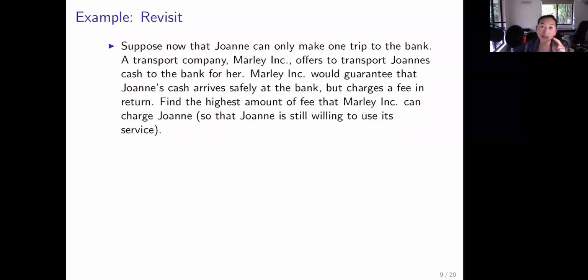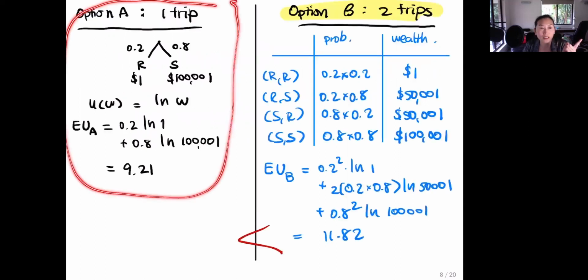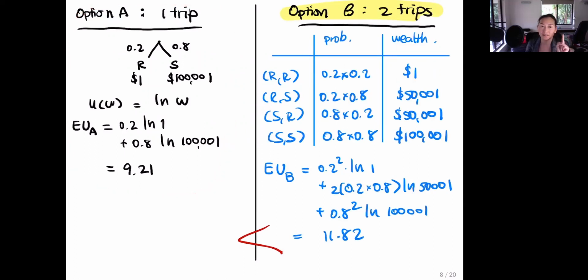Now we are comparing two options here. Option A is Joanne makes one trip to the bank by herself. That's option A, right? So pretty much you already know what the expected utility for option A is like, right?